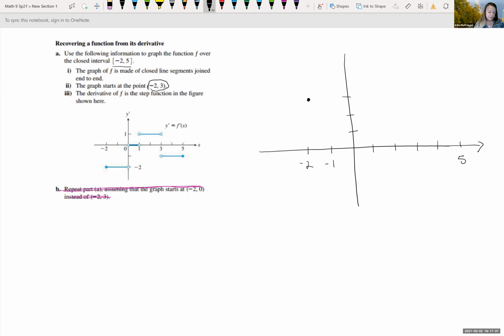And it tells me about the derivative. Looking at the function, I have a derivative for when x is -2 to x equals 0. Notice that the derivative is equal to -2. So this is saying that the derivative, f prime of x here, is equal to -2.